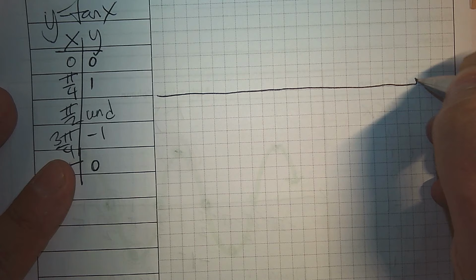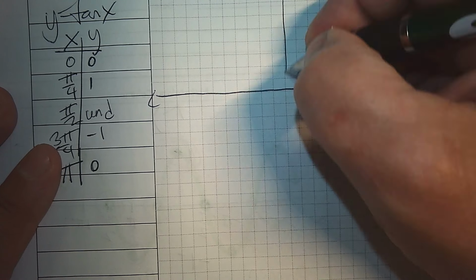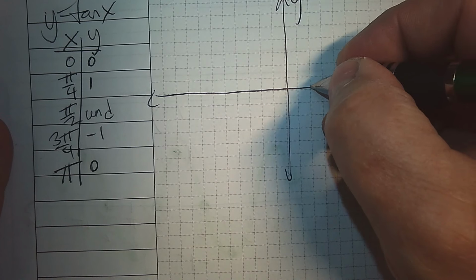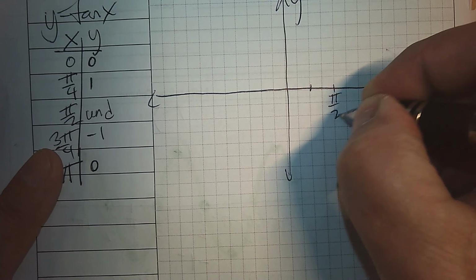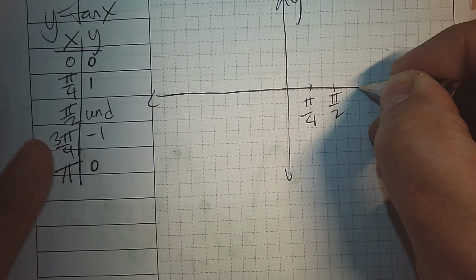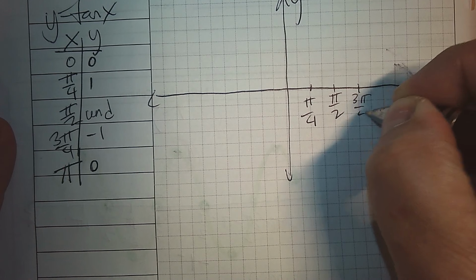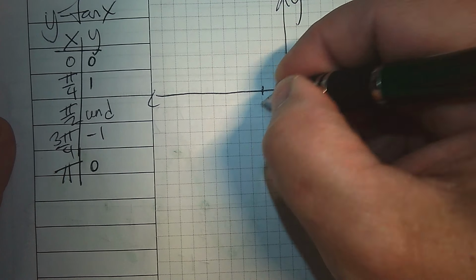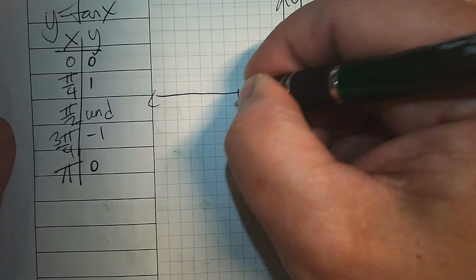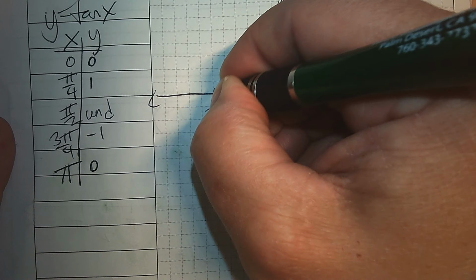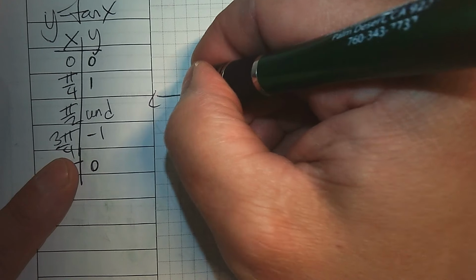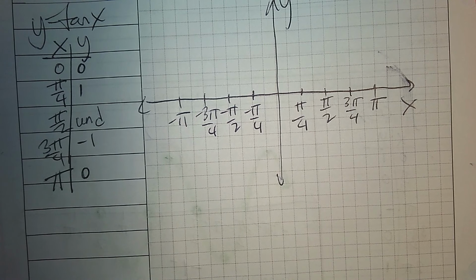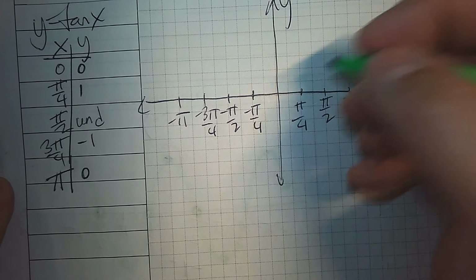We're going to draw a set of axes. And then we're going to see what it looks like. So at 0, the answer is 0.